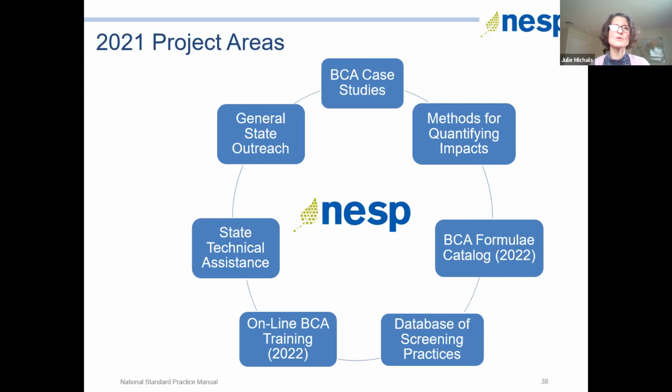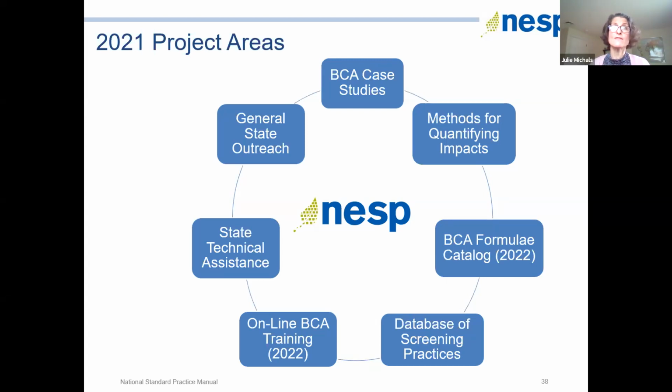So here's an overview of some of the things that we have planned for this year around the NESP work, the National Energy Screening Project. Of course, we have general state outreach and providing state technical assistance in quite a few states. We're working now in Minnesota and Washington, DC, and in the near future, potentially in the state of Washington, among others, where we provide input to processes that are looking to apply the NSPM or are actively undergoing one.